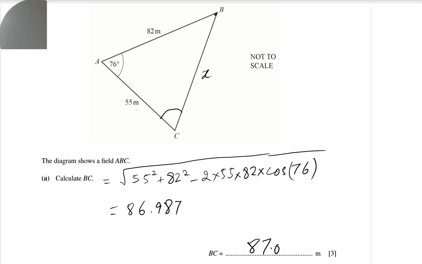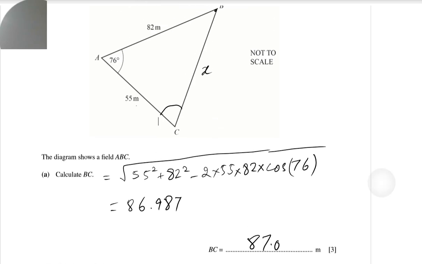So now we have all the options. You can use cosine law or you can use the sine law. For using sine law, you need to use an angle and the opposite side should be available. Similarly, you need to use another angle and you can use the side opposite to it.